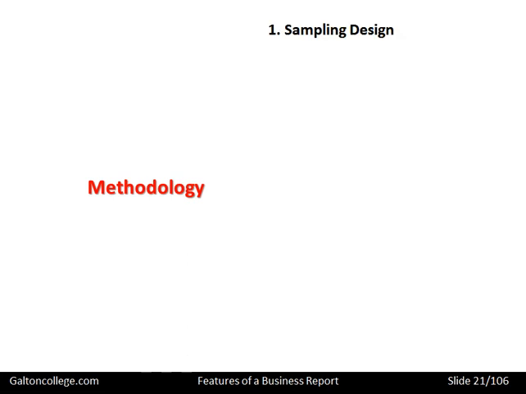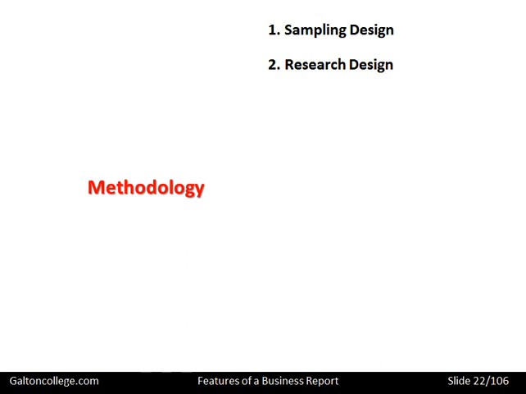And the methodology may start with sampling design. It may be that it's looking at customer needs, in which case it has to identify the population of customers, who are the customers, and then draw a sample. So how is that sample worked out?